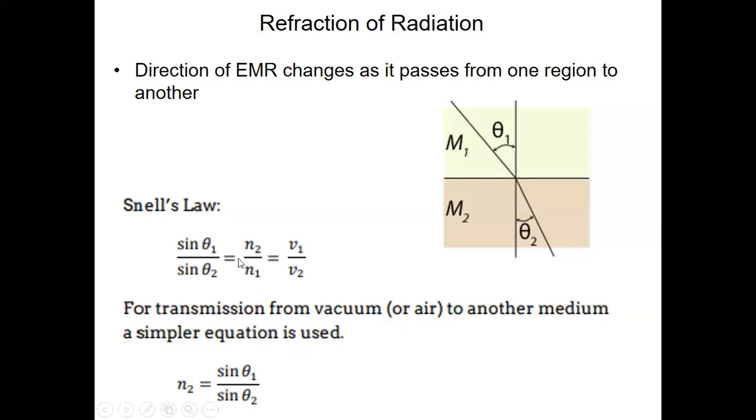Then n1 becomes 1, and we can simplify the equation to n2 equals sine theta 1 over sine theta 2. If we can find the theta values, we can find the refractive index of certain media. Also, if we know the refractive index and theta 1, we can find theta 2.